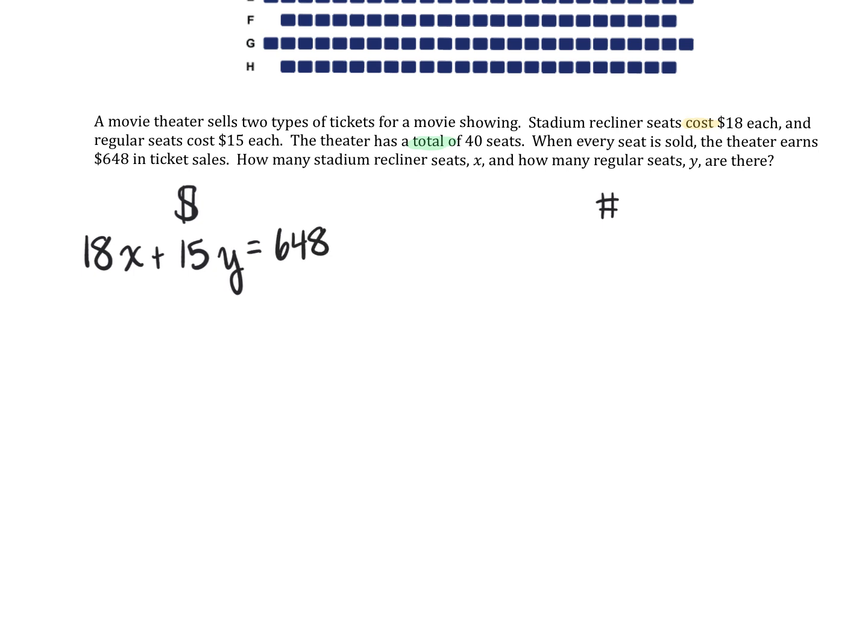So there would be our first equation. And our second equation would be for the total number of seats. In this case, we would just have the number of recliner seats plus the number of regular seats. And we know that the theater has a total of 40 seats. So now we have our two equations for our system of linear equations.